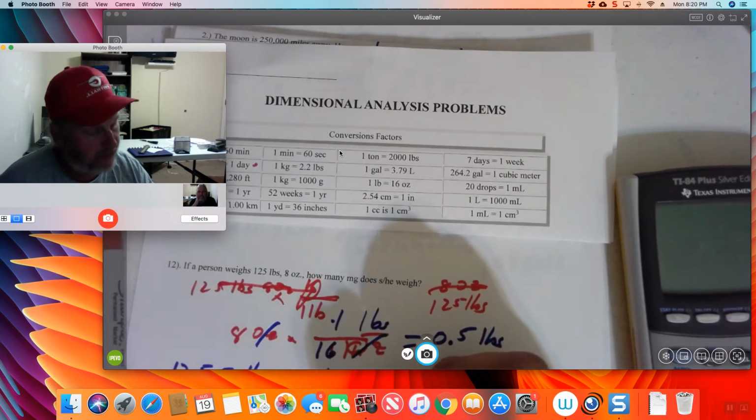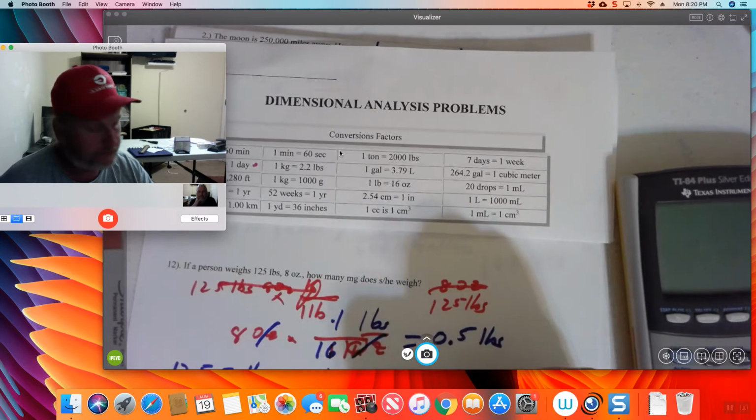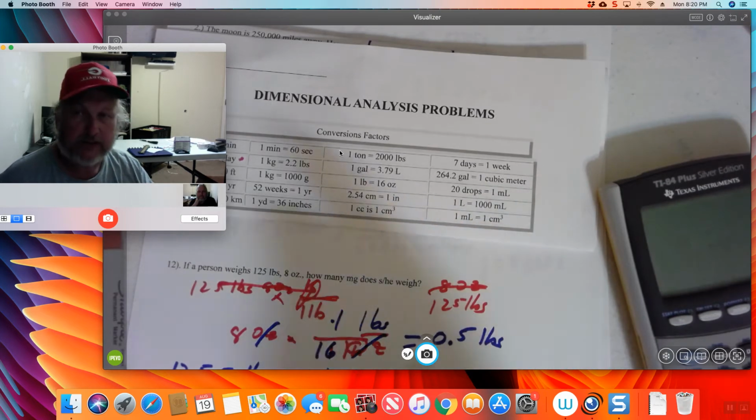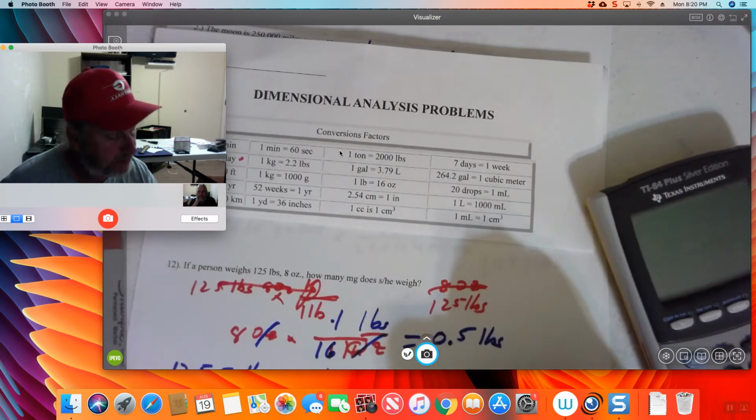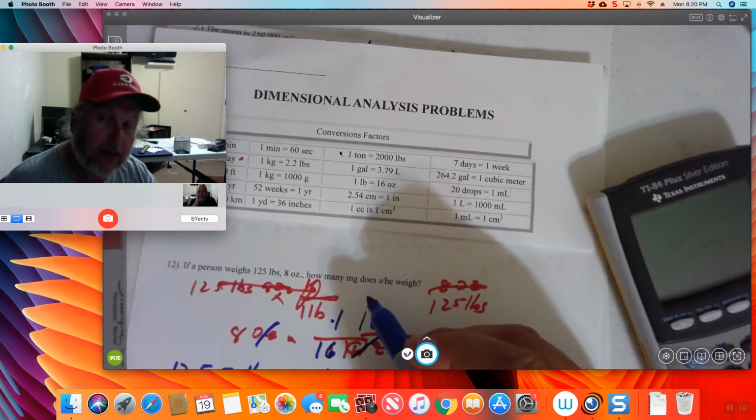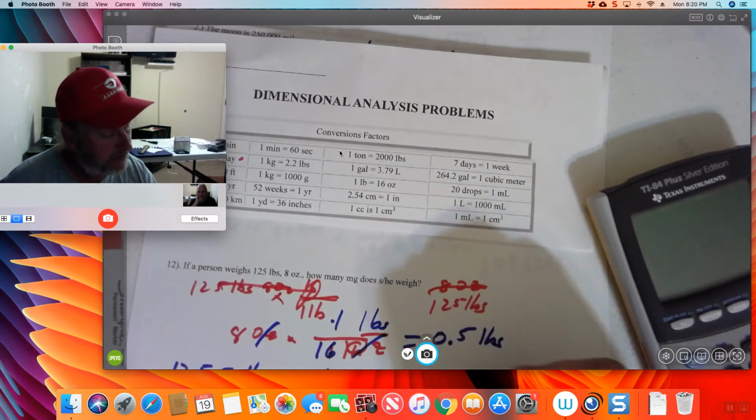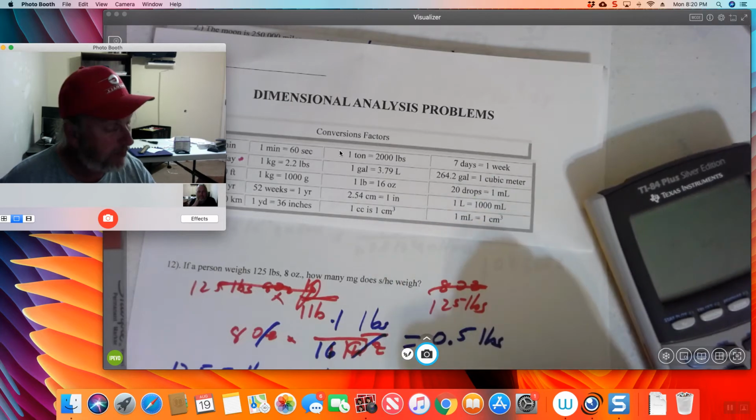Kilo stands for 10 to the third, so that's 1,000 grams. You can see that on your periodic table and formula sheet, which I gave you. That gets me into grams. I need to find out how many milligrams. Again, from the formula sheet, there's a prefix for milli, and what it means is 1,000. So in your base unit, 1 gram, there's 1,000 milligrams.